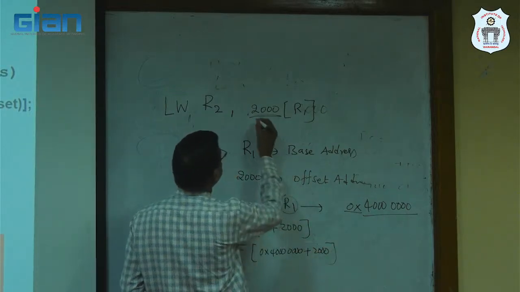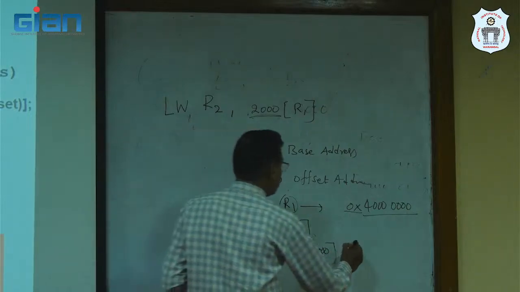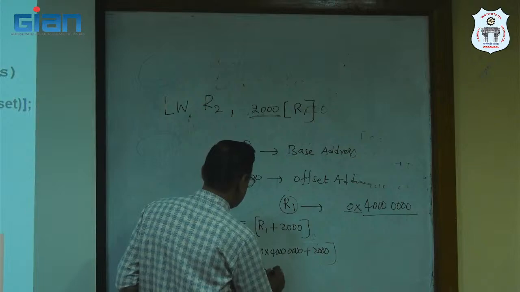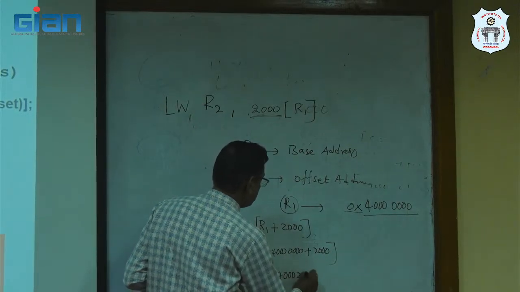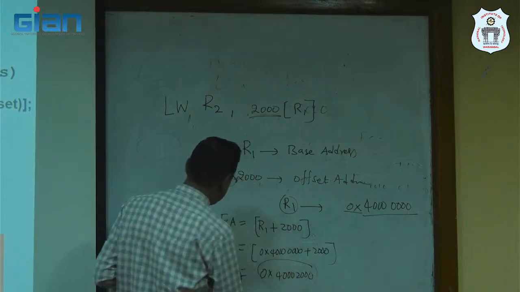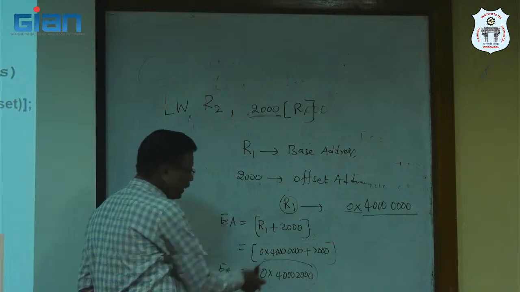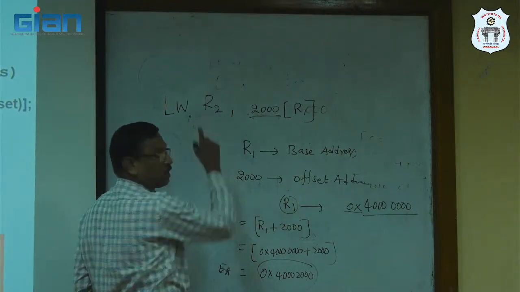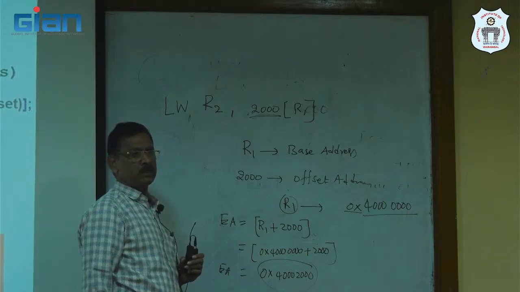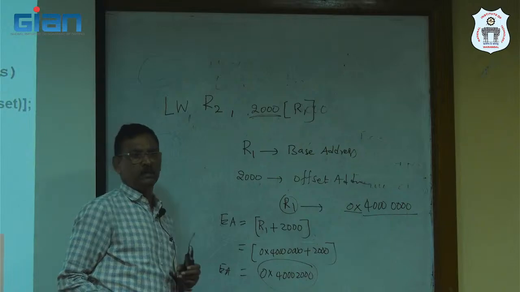I am taking hexadecimal only, this is also hexadecimal. Then you will get the address 0x400200. This is the final effective address. This is the address of the data memory. From this memory, I am reading the data and writing to R2, copying to R2. That is the load instruction: reading data from memory to register.